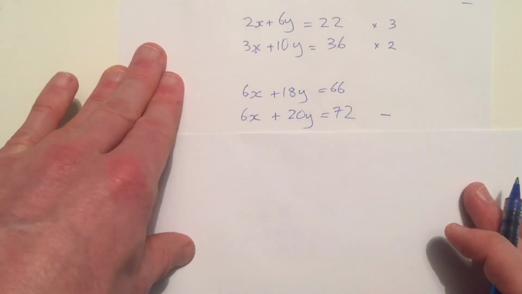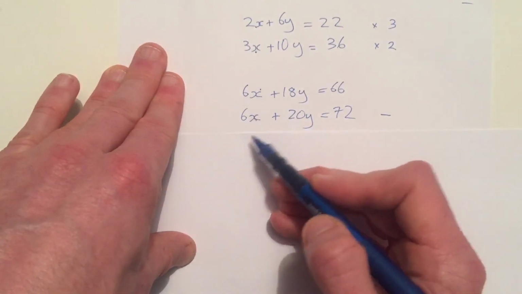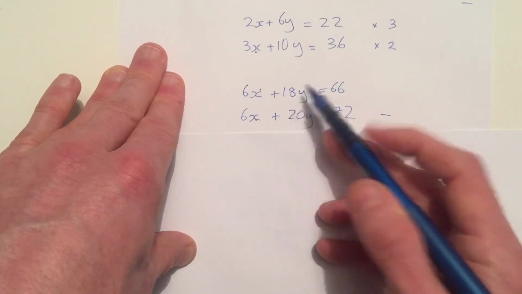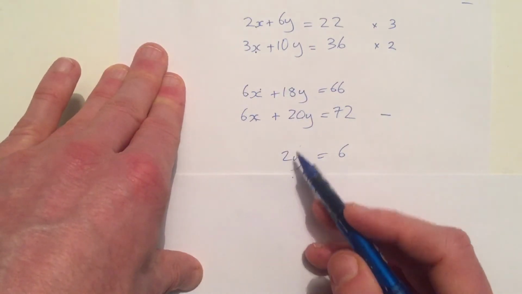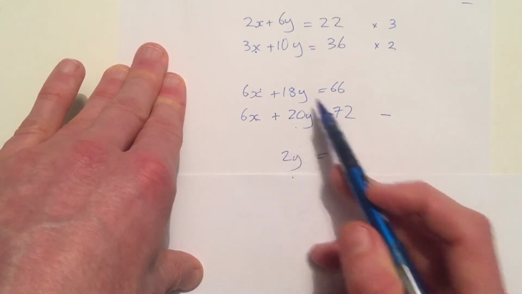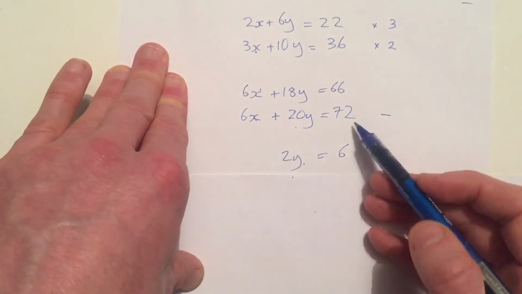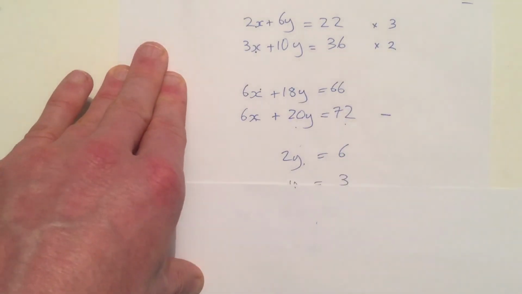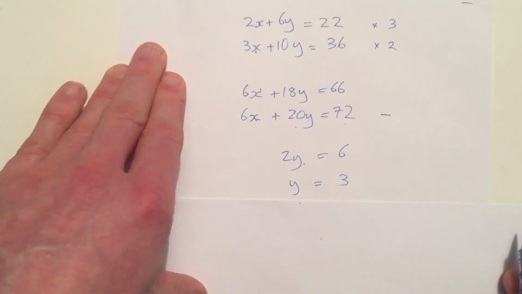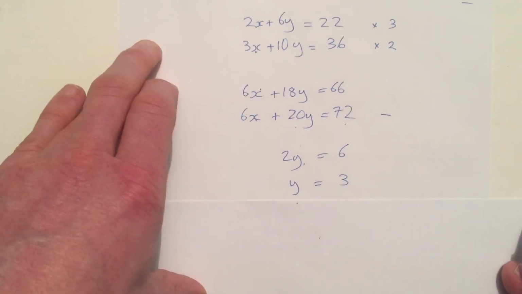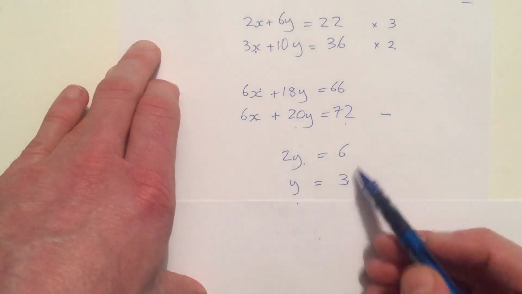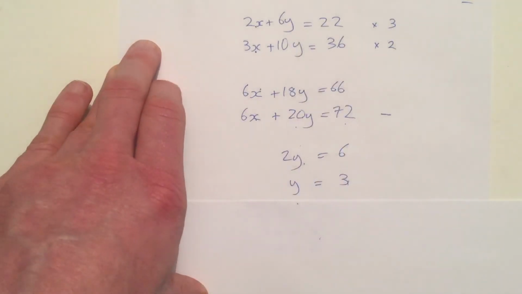If I take them away, the 6x take away the 6x is 0. The 20y take away the 18y is 2y. 72 take away 66 is 6. 2y is 6, which means that y is 3. I can now take this and substitute it back into the original equation at the top.